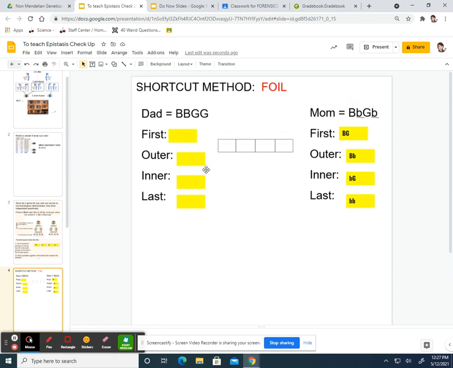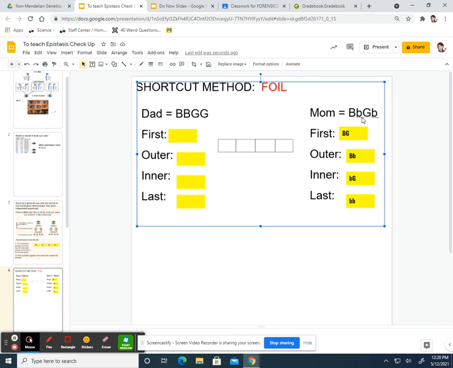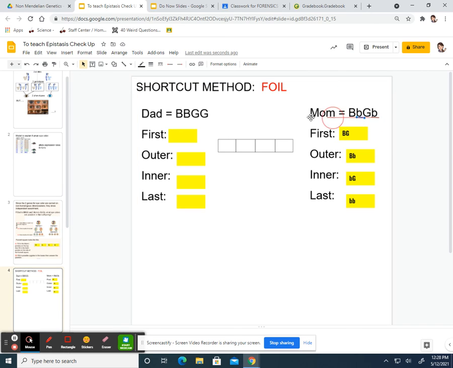Now with that, we can FOIL dad also. So we're going to start again with the first. Let me move my little lines over here. All right, so the first in each gene pair would be big B, big G. The outside would be this big B and this big G. So remember I said, because Dad's homozygous dominant for both, he's pretty easy to figure out.